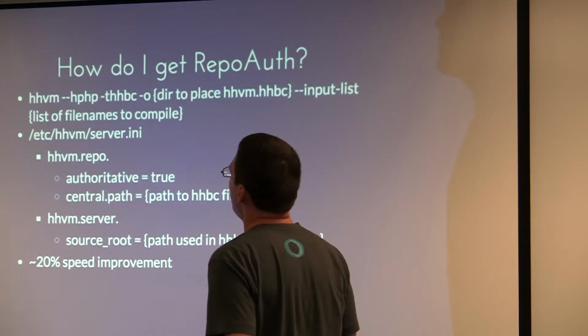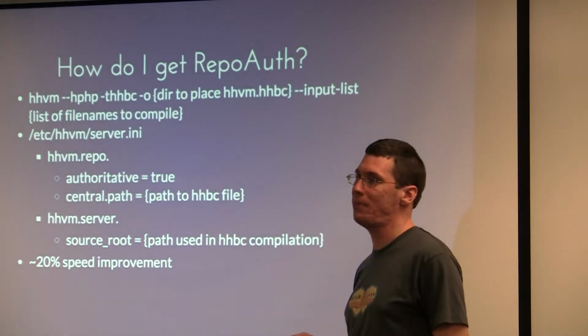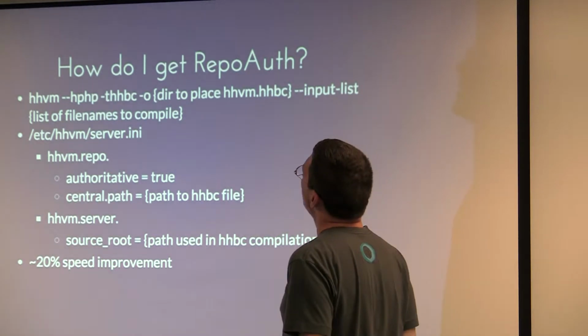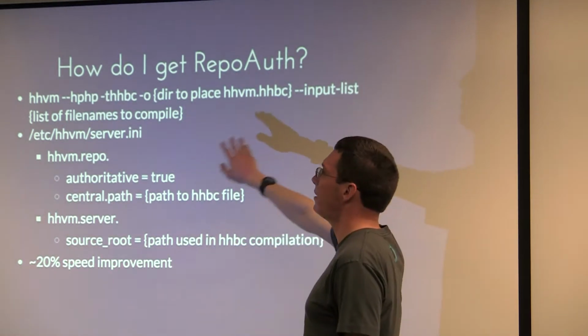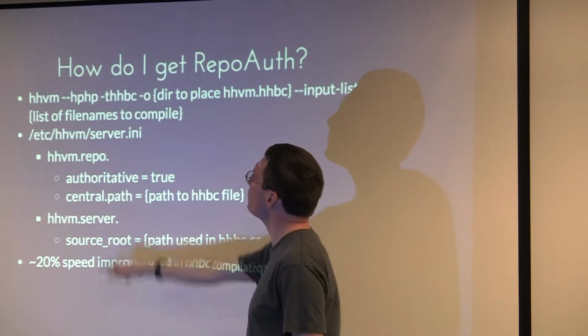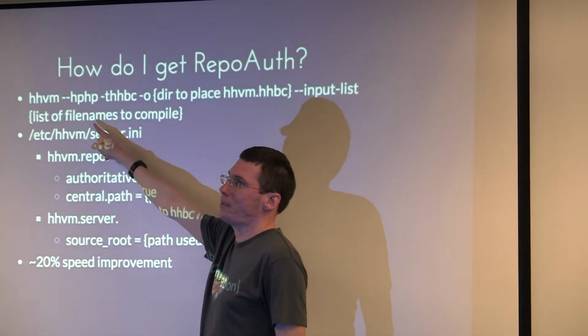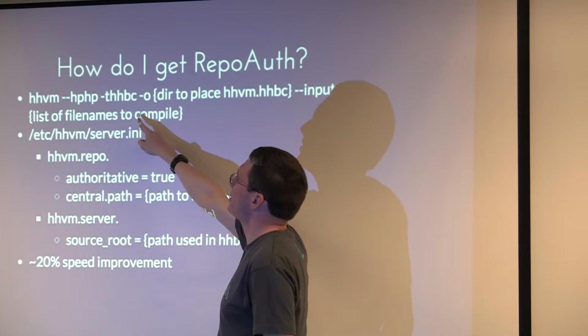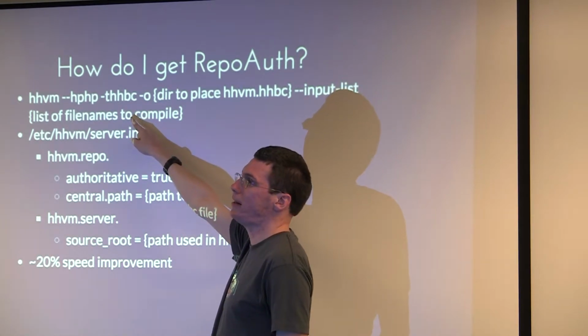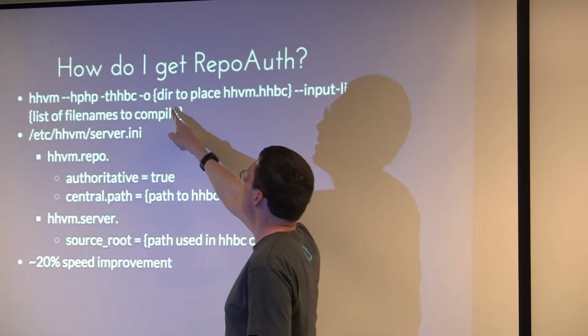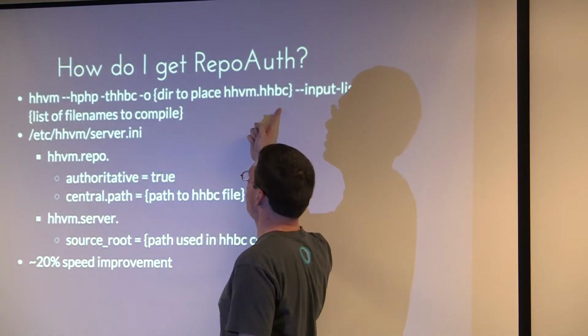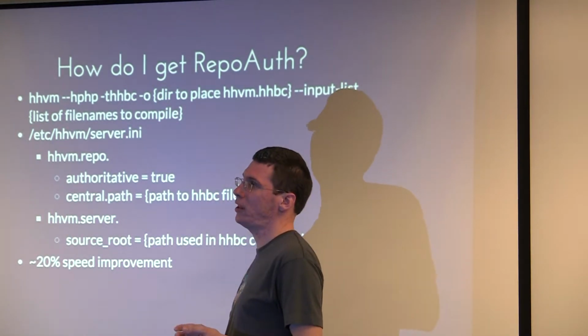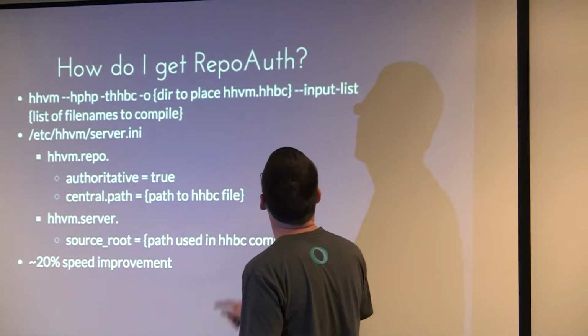So, again, to get into repo authoritative mode, here's your magic command line. This puts it into the bytecode compiler mode. This tells it to output that SQLite database. This is where you output it to, for example, /var/run/hhvm.